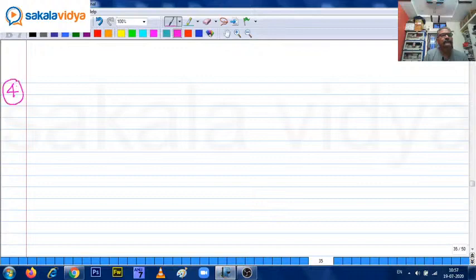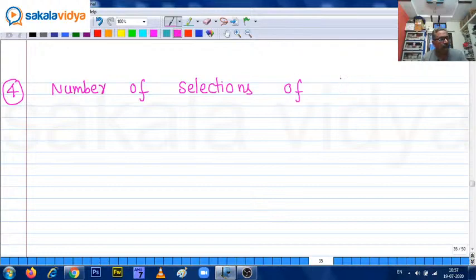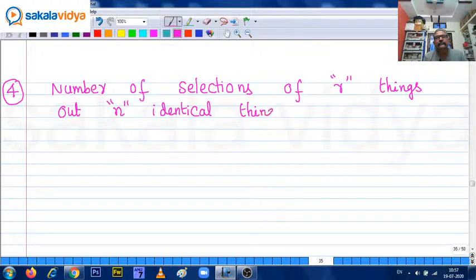Now fourth one. Number of selections of R things, that means objects, out of n identical, not different, identical things is only one way, only one, right?